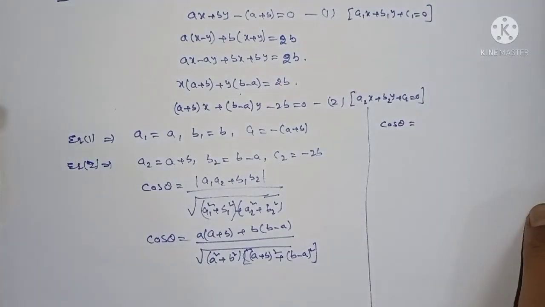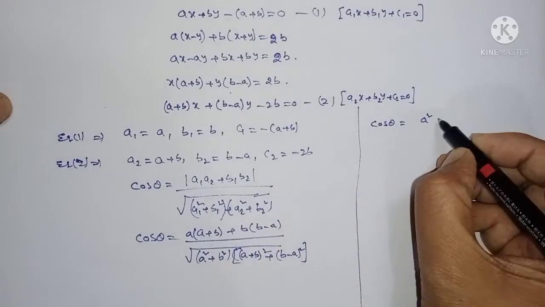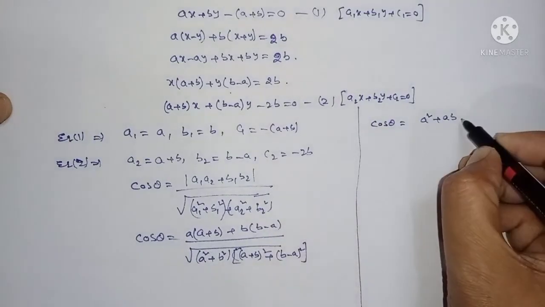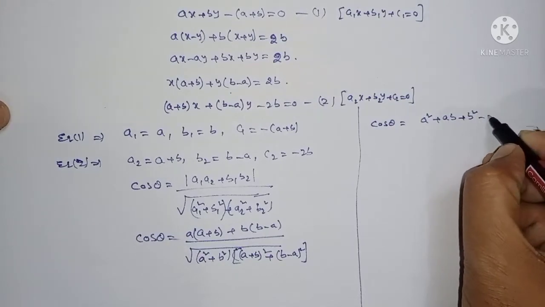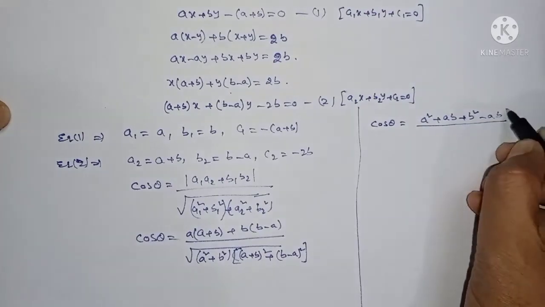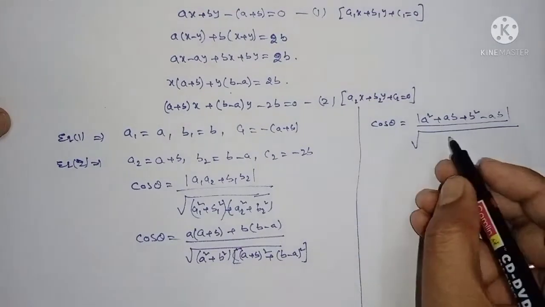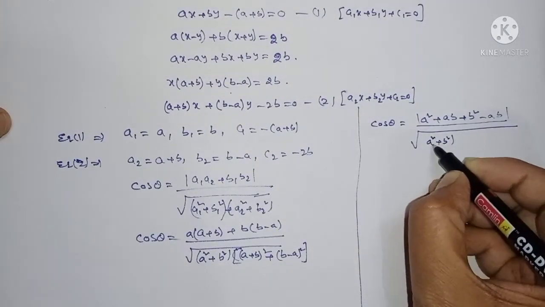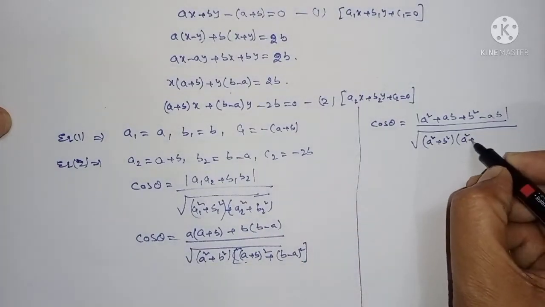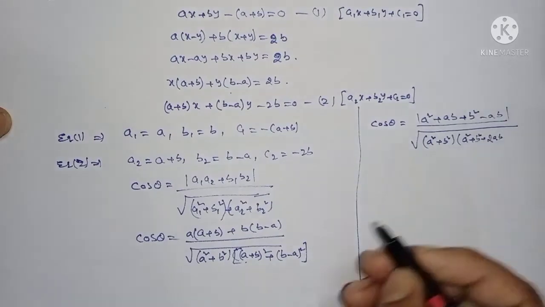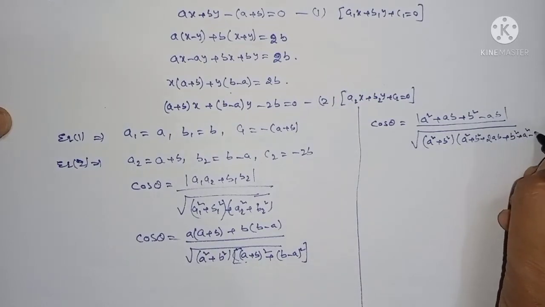Cos theta is equal to a square plus ab plus b square minus ab by mod of, you can take here the denominator and simplify: a square plus b square as it is, into this is a plus b whole square, therefore a square plus b square plus 2ab, plus this is b minus a whole square, I can write here b square plus a square minus 2ab.